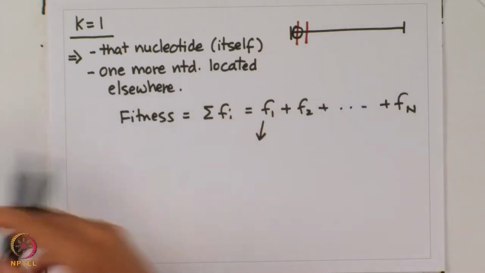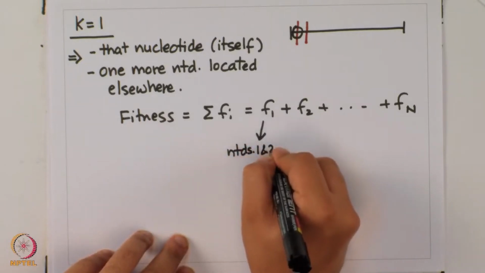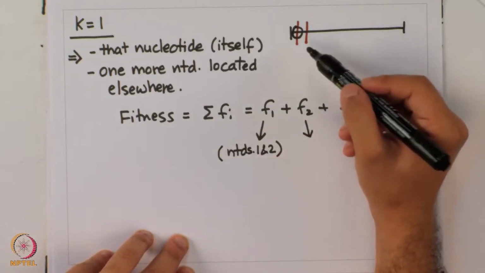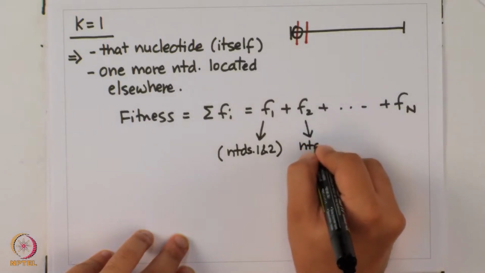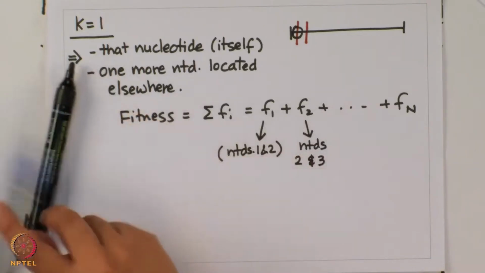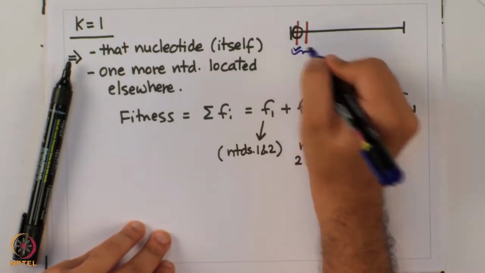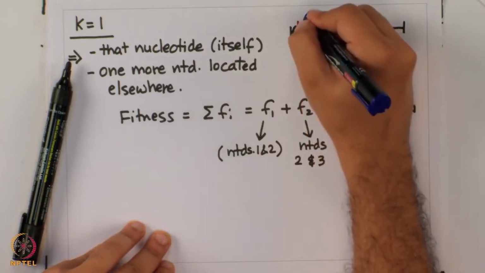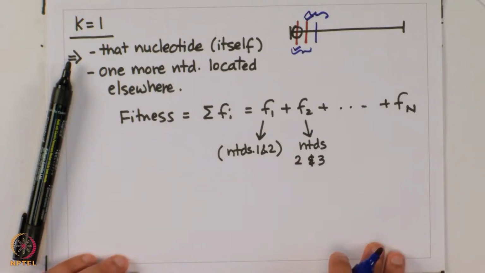So, F1 is a function of nucleotides 1 and 2. Similarly, F2, which is the relative contribution to fitness from the second nucleotide, will be dependent on nucleotides 2 and 3, its neighbors. So, these two go together to determine the fitness contribution from this base, these two go together to determine the fitness contribution from this nucleotide, and so on and so forth. So, we need rules to define this.